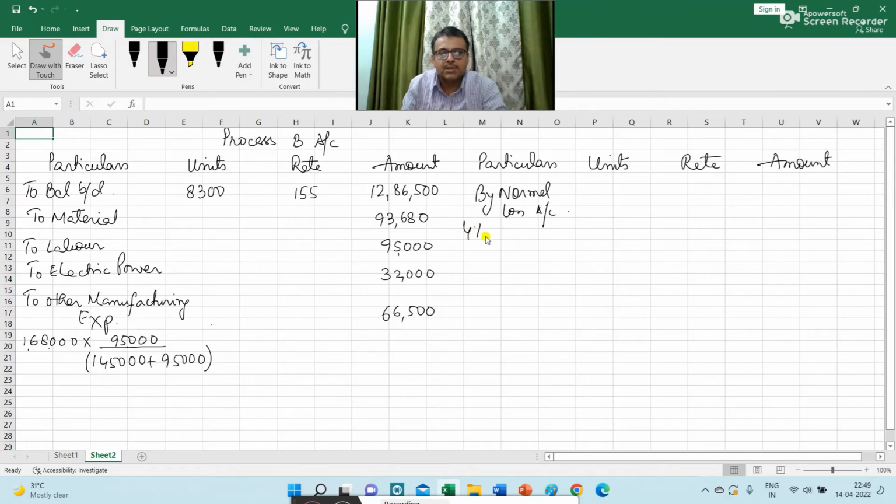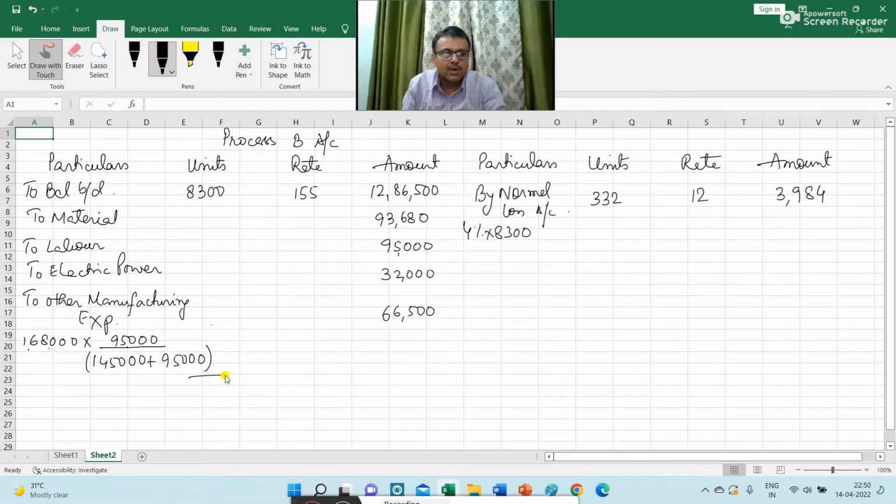Now the normal loss in process B is given as 4% of the input. So 4% of 8,300 is 332. And this can be sold at scrap at the rate of rupees 12 per unit. So the value of normal loss is 3,984.